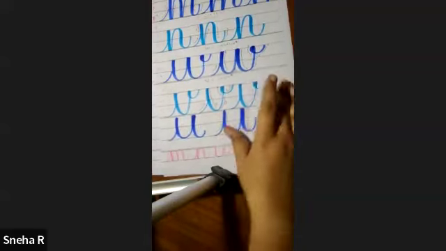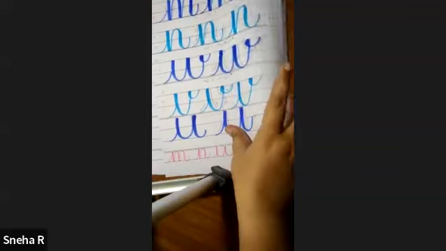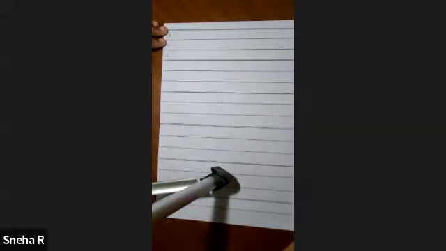Alright. I'll take a fresh page. Group 2 has all the vowels A, E, I, O and a C. Two baseline and ascending line.